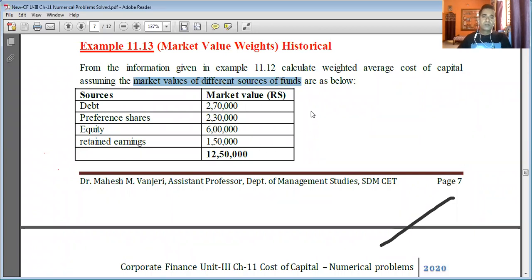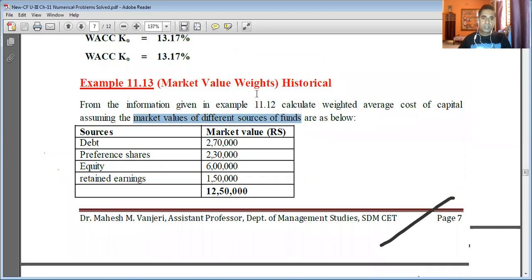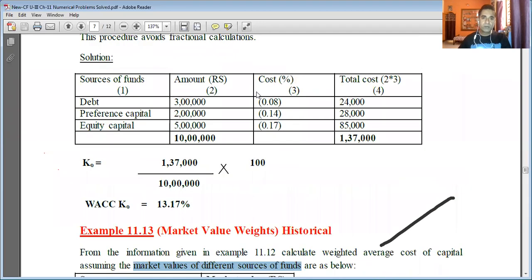Please try to understand the difference between book value weights and market value weights. I'll go to example 11.12 now.